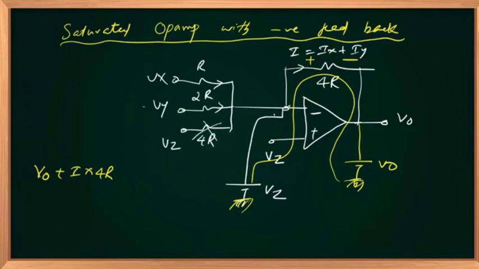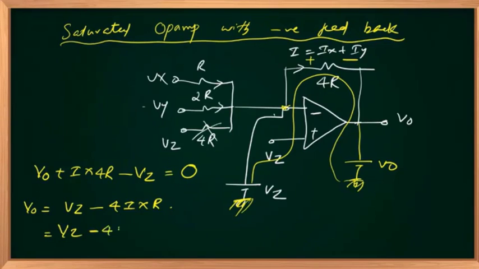Then I have reached here, I have to reach ground, so minus Vz equals 0. Right? So V out is nothing but Vz minus 4IR. It's equal to Vz minus 4R multiplied by I.